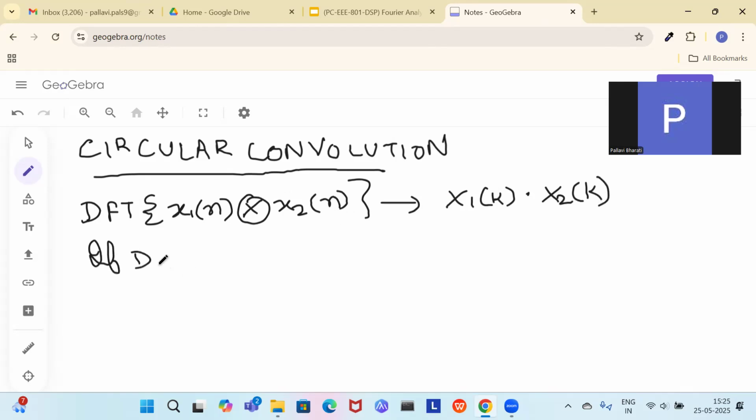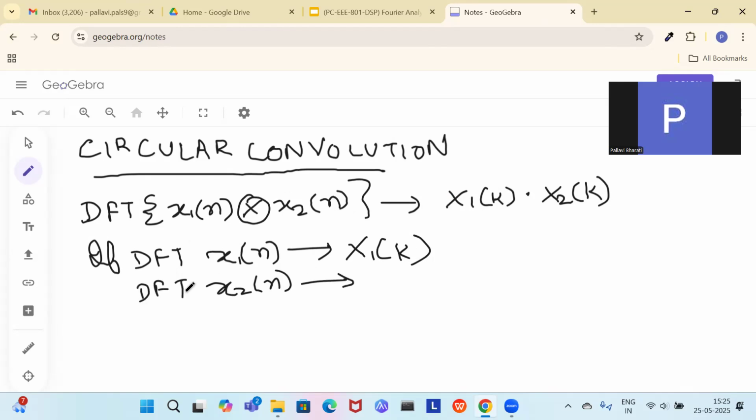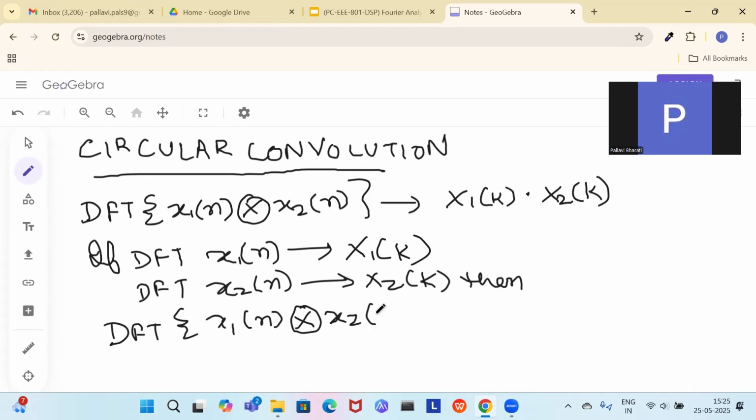If the DFT of x1(n) is X1(k), and if the DFT of x2(n) is X2(k), then the DFT of x1(n) circularly convolved with x2(n) gives me the multiplication of the individual DFTs, X1(k) into X2(k).